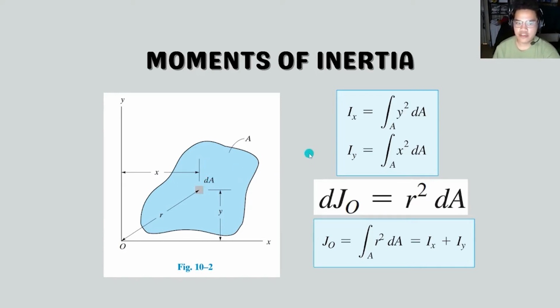Therefore, the units for moment of inertia involve length raised to the fourth power. Take note of that, such as meter raised to the fourth power, millimeter raised to the fourth power, feet raised to the fourth power, and inches raised to the fourth power.